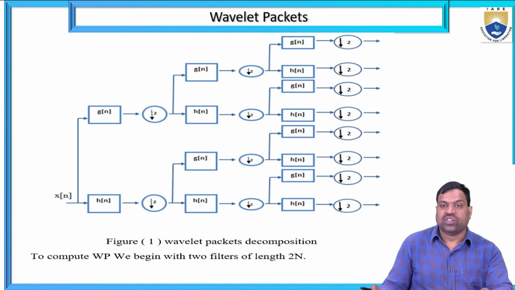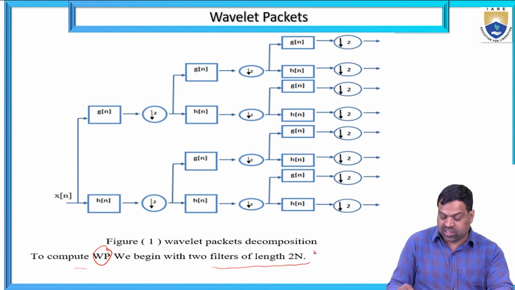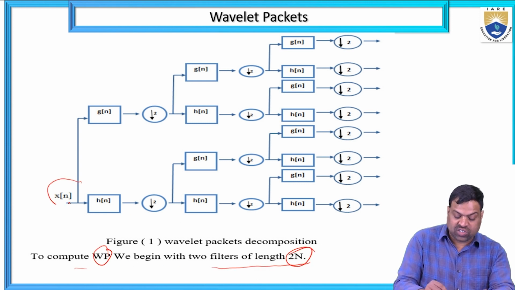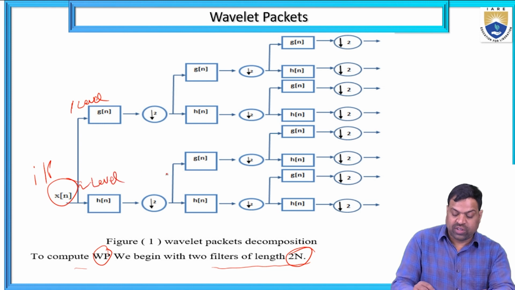So it is one example of wavelet packet decomposition. To compute the wavelet packet, we begin with two filters of length 2n. Suppose x of n is the input. These are the first level and second level. Here I am converting to 2, and this one again I am converting to 2 levels: g of n, h of n, g of n, h of n.